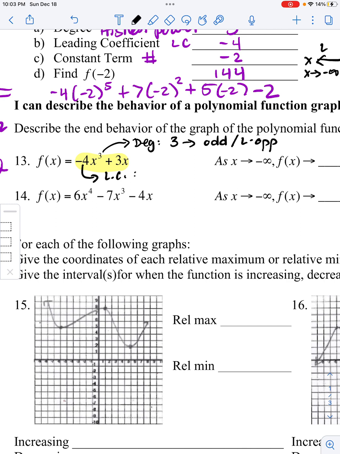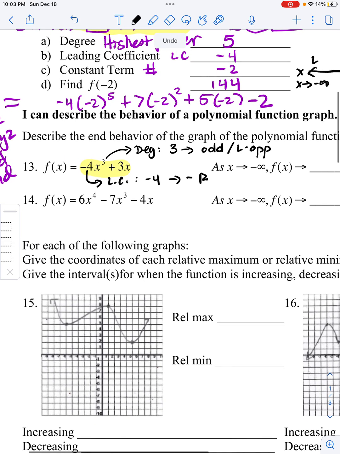And the leading coefficient is -4. I don't care that it's 4. I only care that it's negative. Tells me the right end will go down. It only tells you about the right end. But since the right end is going down and the left end is doing the opposite, the left end of this graph would be going up.